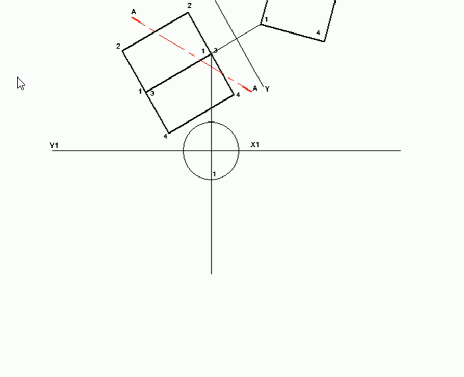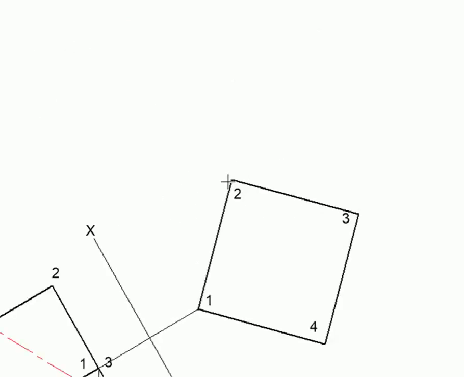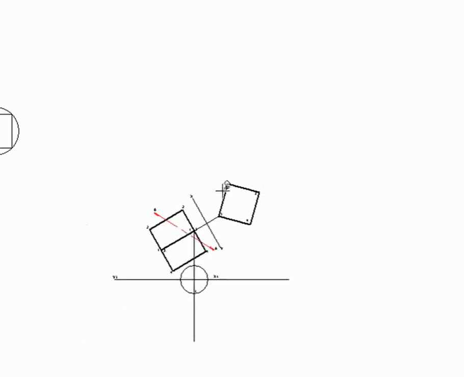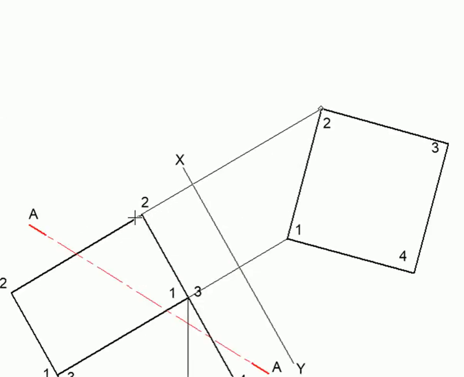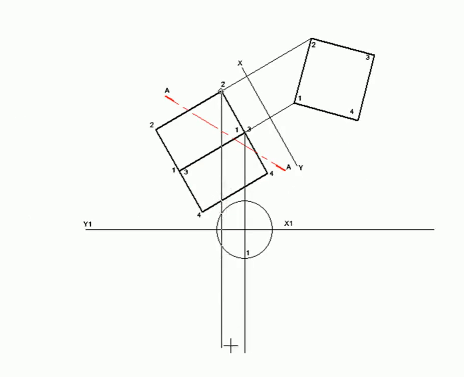I'm going to determine point 2. So I'm going to go from point 2, I'm going to project to point 2. I'm determining point 2, so I'm going to go from point 2 to my top view. I need to find the distance of point 2.